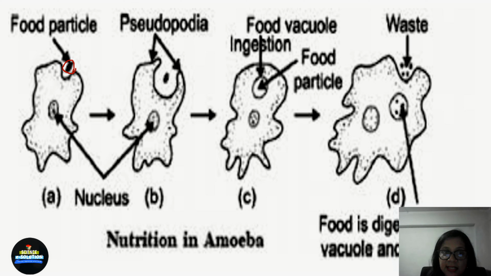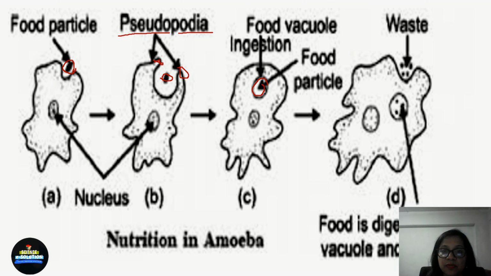It has a single cell, but it can change its shape and it can extend false feet, which is called pseudopodium. You can see here the false feet have extended in a way that they are taking in this microorganism inside in the form of a vacuole.